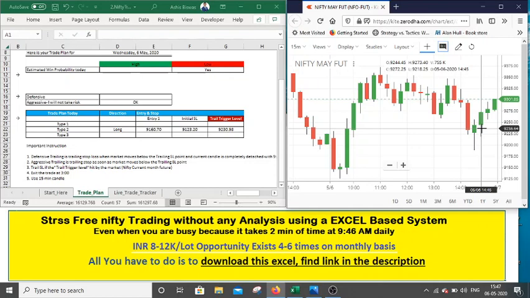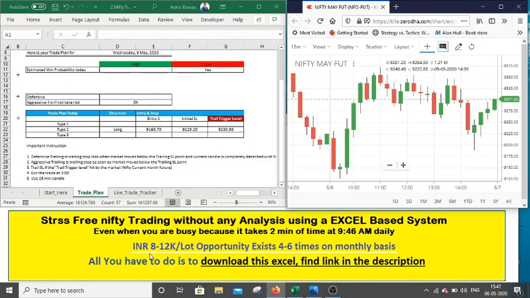The price was 9272 and you entered the trade at 9160. That is 110 points, which in Nifty is around 7500 rupees. Sorry, profit. So based on this strategy, you can get around 8 to 12k per lot opportunity.